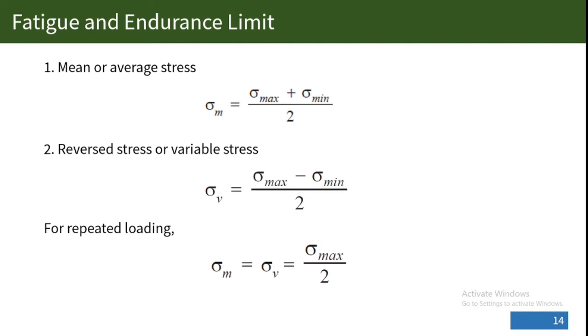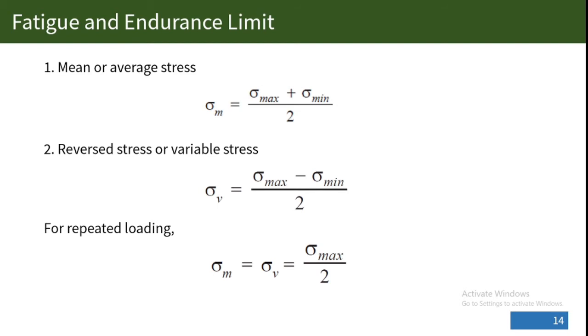So the mean or average stress, denoted by sigma sub m, is equal to half of the sum of the maximum and minimum stresses. And the reversed stress or the variable stress, represented by sigma sub v, is equal to the maximum stress, sigma max, minus sigma min, over 2.